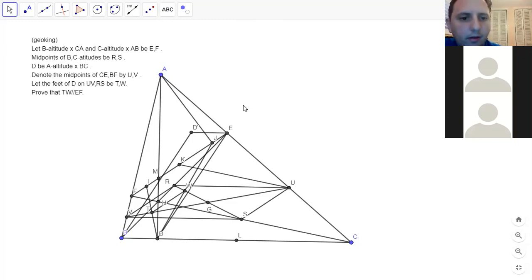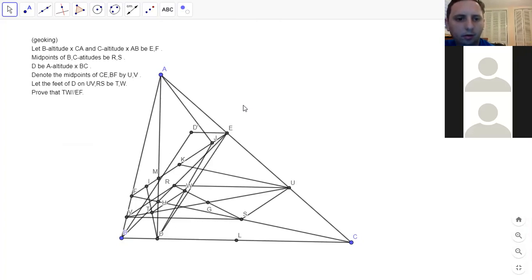Noticing that AEF and ABC are similar, and AJ and AD are the altitudes, we must have that JE over JF is equal to DB over DC, and it's equal to AJ over AD.